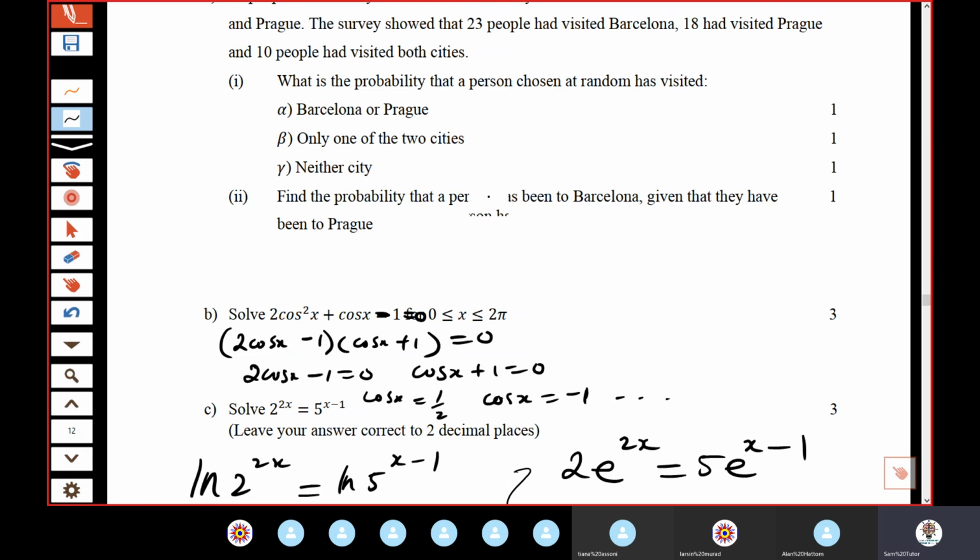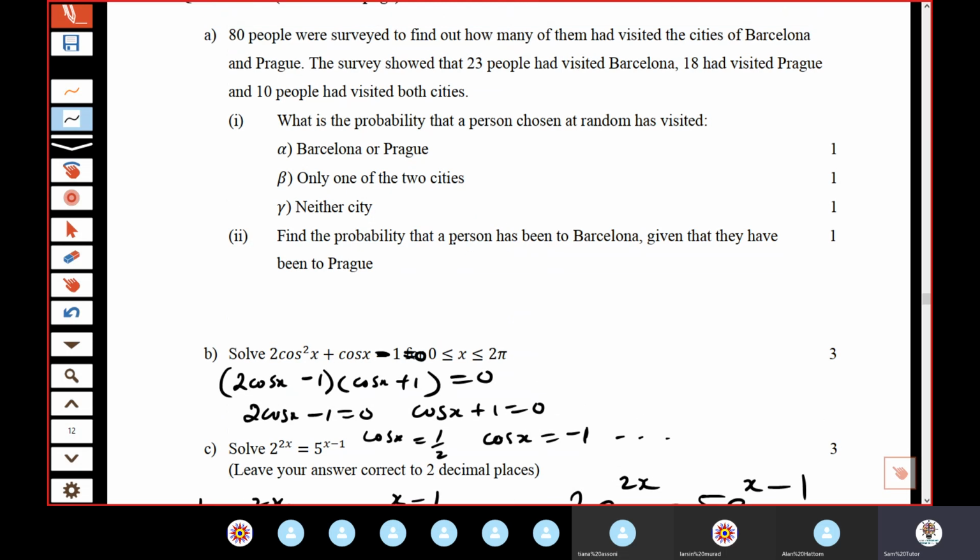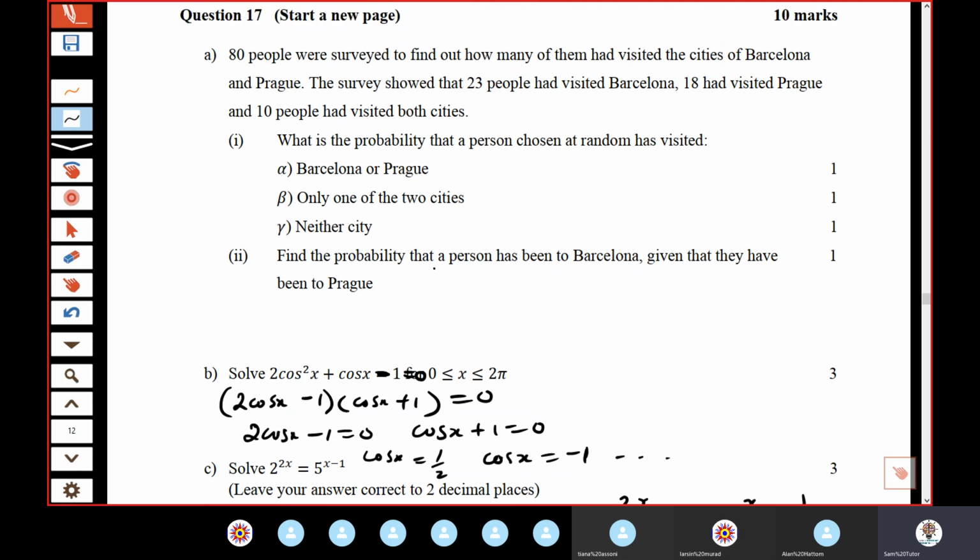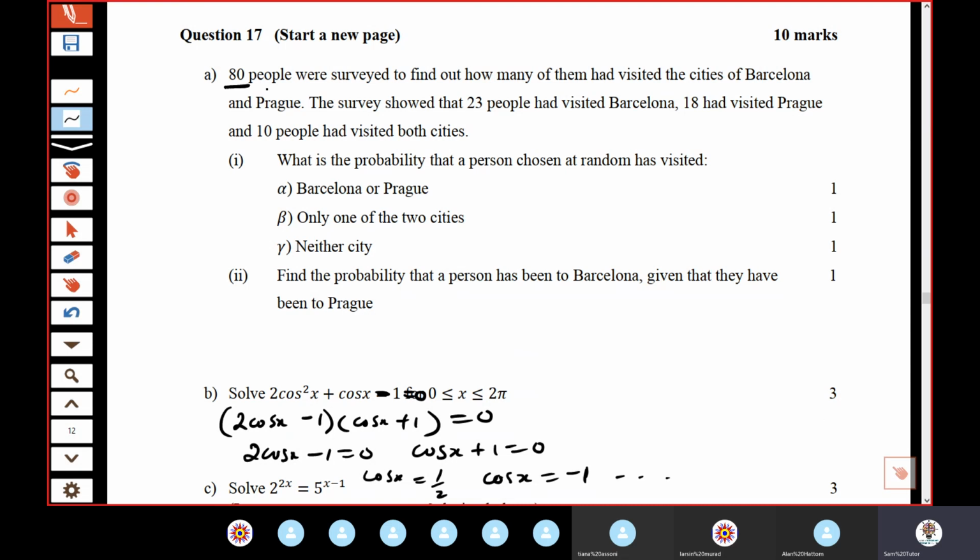Okay, and this probability. 80 people were surveyed to find out how many of them had visited the cities of Barcelona and Prague. The survey showed that 23 had visited Barca, 18 had visited Prague, and 10 had visited both. What kind of question is this?